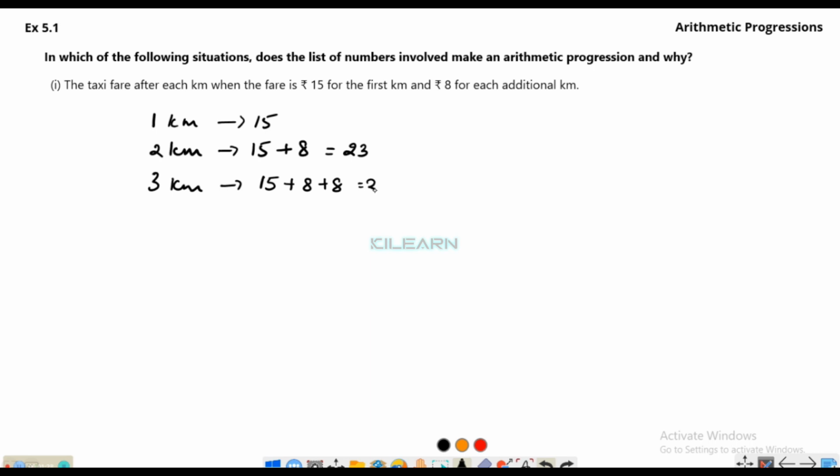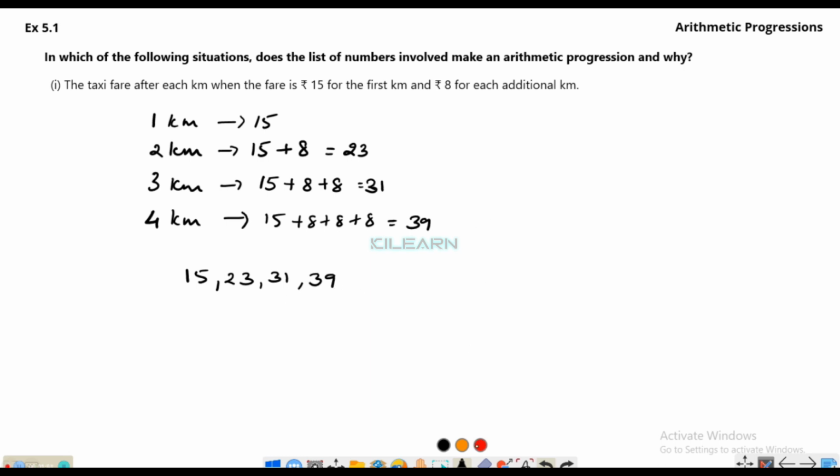That is 31. For the fourth kilometer, that is 15 plus 8 plus 8 plus 8, I get 39. So if you see, there is an addition of 8 after each kilometer. Now we can write this sequence as 15, 23, 31 and 39.